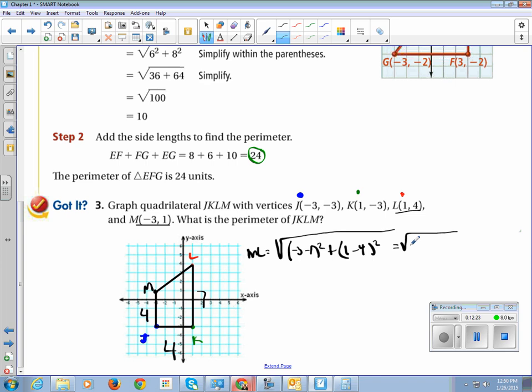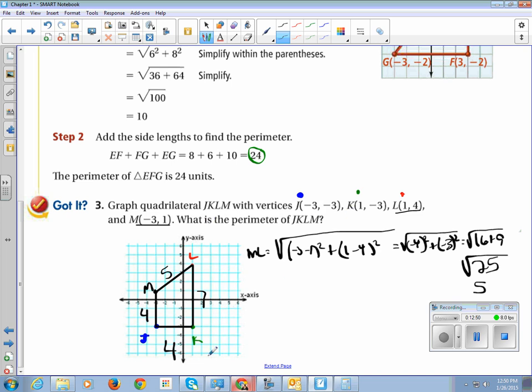That's equal to -4 squared plus -3 squared, which is equal to 16 plus 9, which is equal to 25, which is equal to 5. Phew.